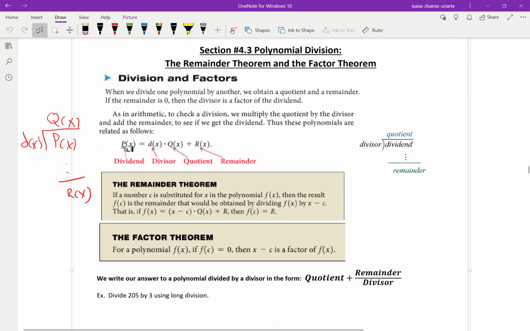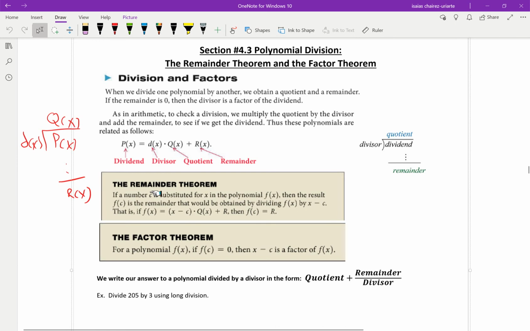And what's true is that the original polynomial, the dividend, is equal to the divisor times the quotient plus whatever remainder. There are these two important little theorems. One of them is called the remainder theorem, and we'll practice it.